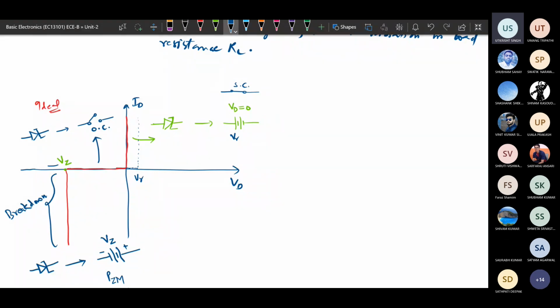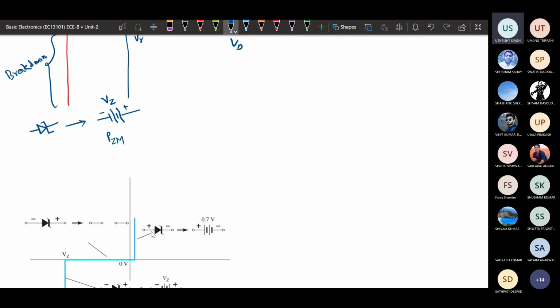So we need to limit the reverse bias voltage so that the power dissipation across the Zener diode, that is Iz maximum multiplied by Vz, the voltage across it, should always be less than the maximum power dissipation it can have.